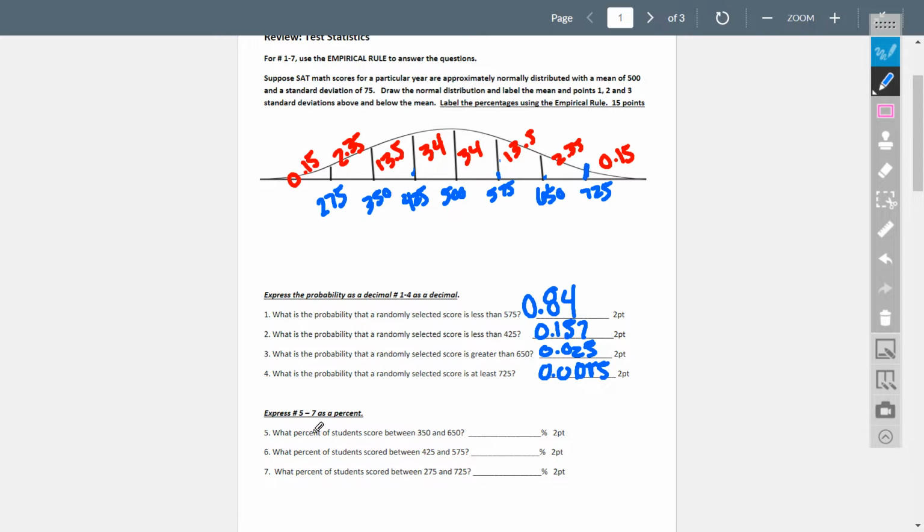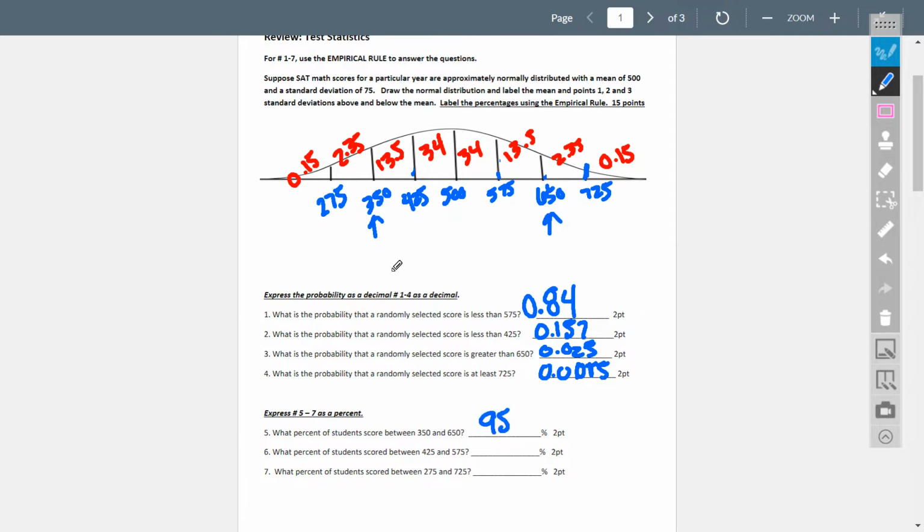What percent, so these are a percentage, what percent of scores are between 350 and 650? So 350 to 650, that's all 4 of these added together, 34 plus 34 plus 13.5 plus 13.5, and that's 95%, of course, because that's the empirical rule.